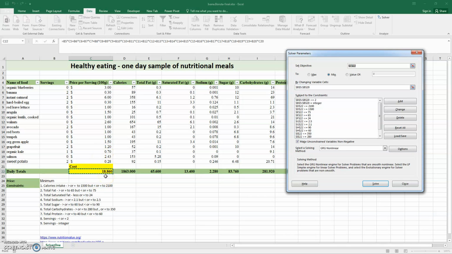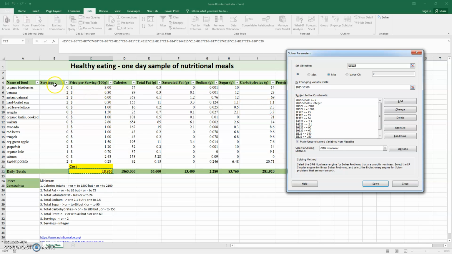So I decided to take this as the objective cell, and I picked certain constraints on calories, that means total nutritional intake, and I set it up, like I said before, higher than 1500 calories but less than 2500 calories.